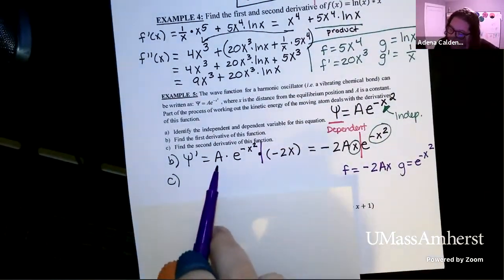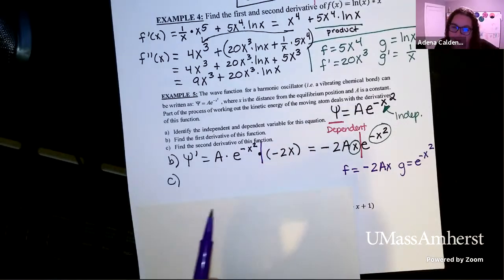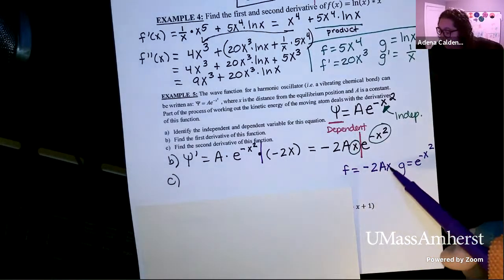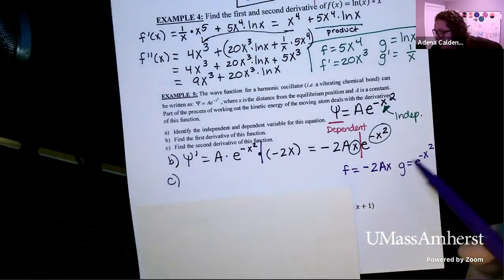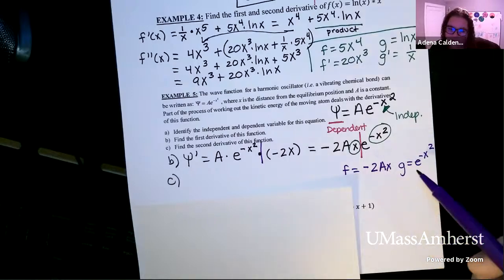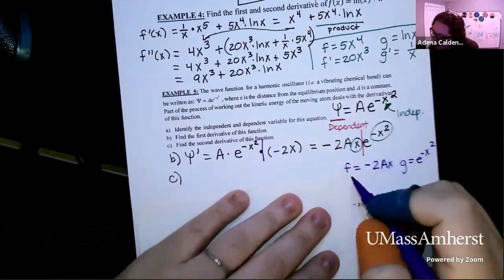So maybe your f was a e to the negative x squared and your g was negative 2x. You'll end up with the same answer at the end, okay? As long as both of your f and your g have a function with an x in it, you're good to go. So the 2 and the a can be on either side since they're constants, okay?